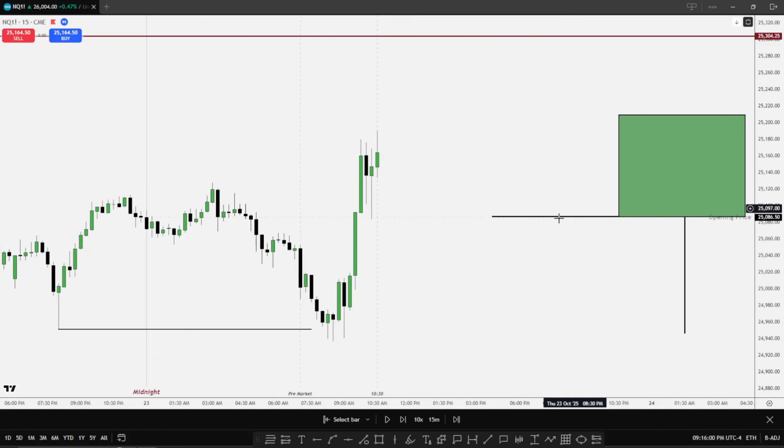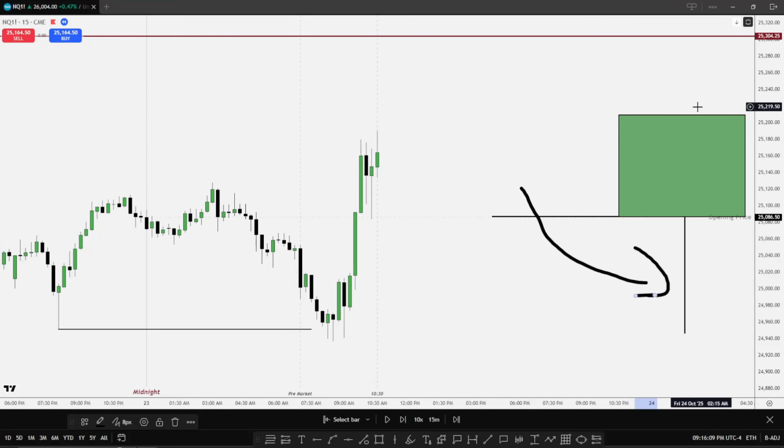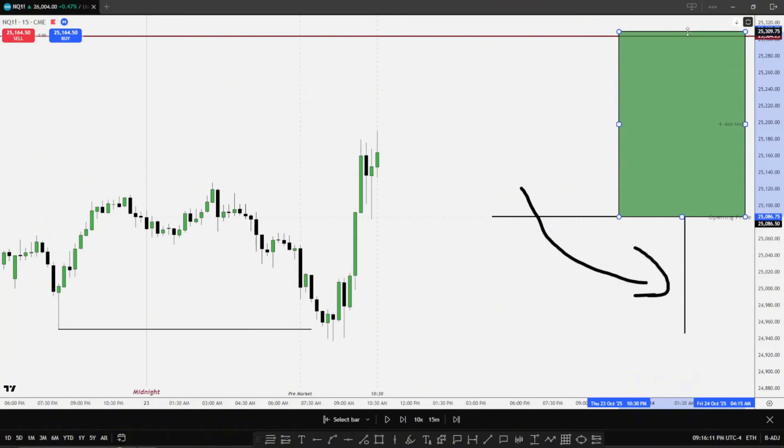And the whole objective is to try to buy beneath the opening price, getting in at the wick. Eventually running up to hit your key level.